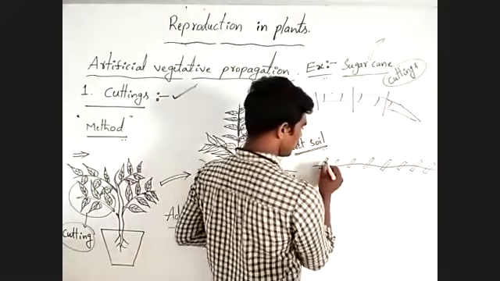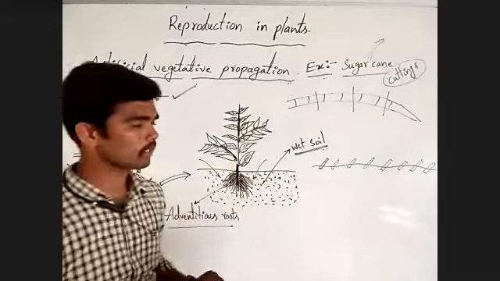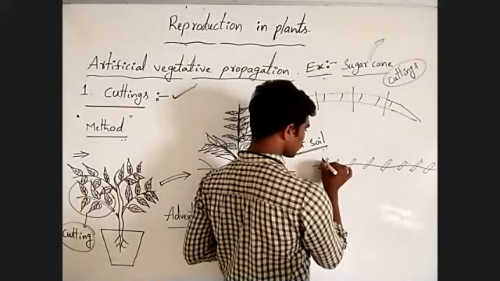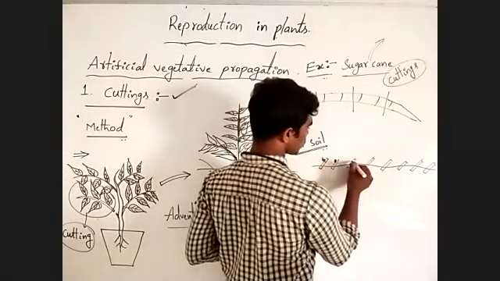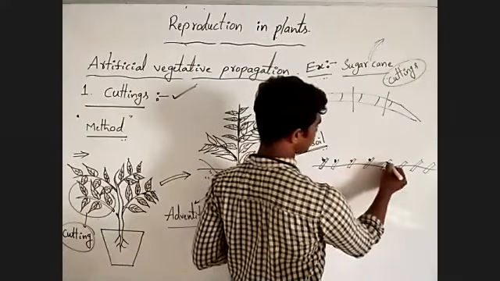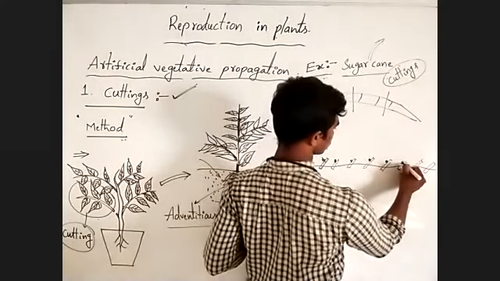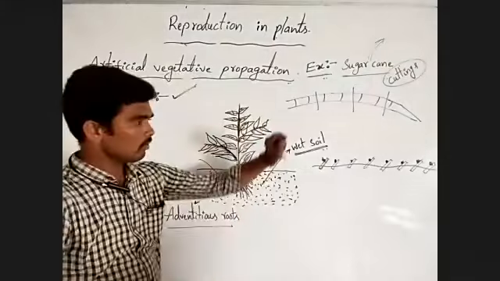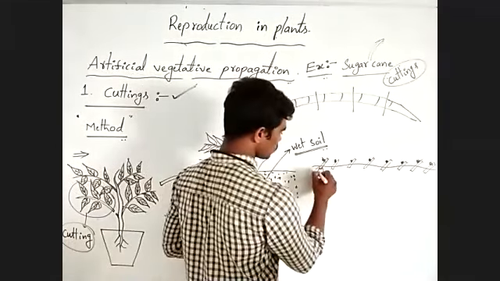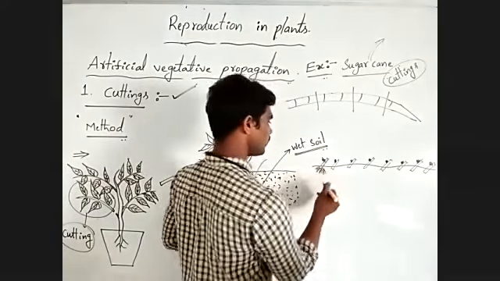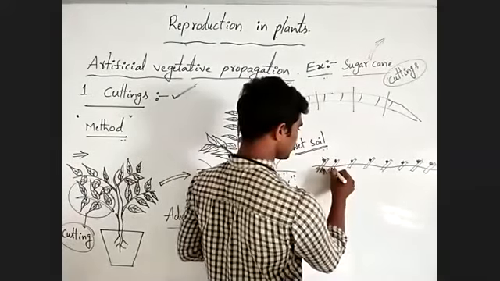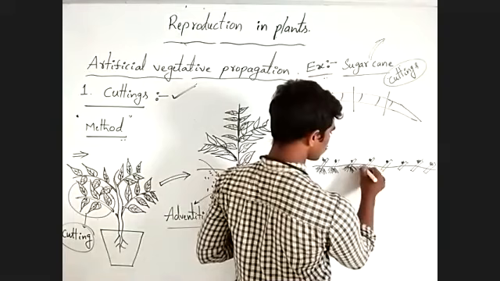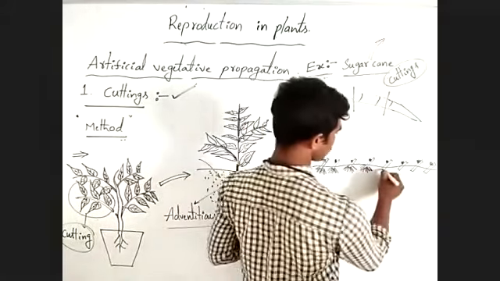After some time, from each and every cutting or piece of the sugarcane, first adventitious roots are developed into the soil from the lower portion of the cutting.